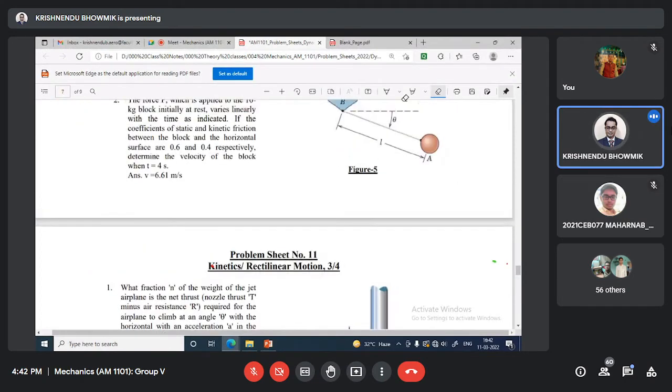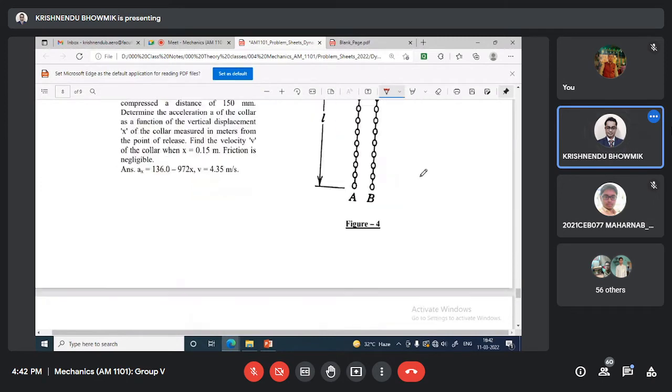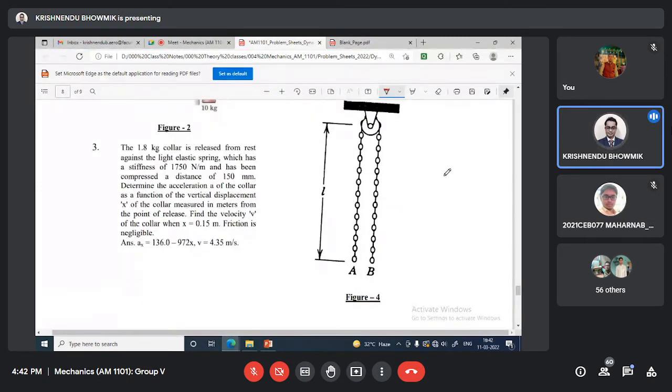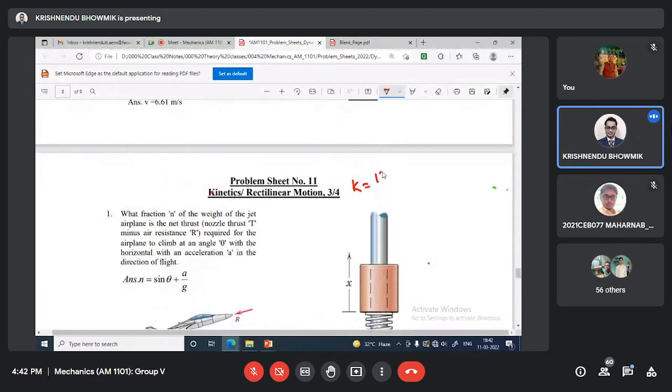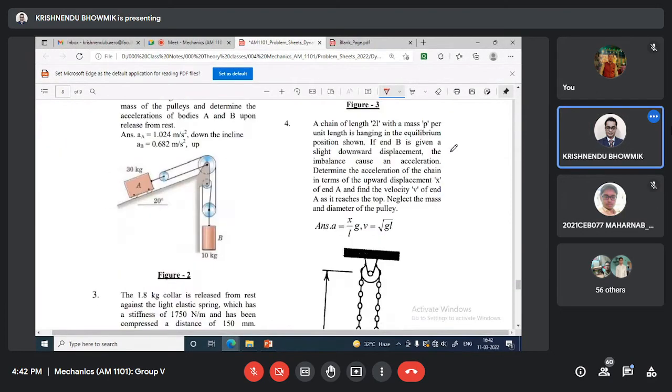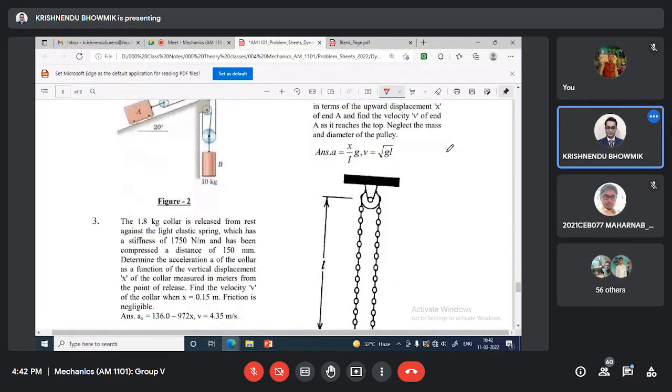So what it has been told for this problem, stiffness K is given as 1750 Newton per meter, and it has been compressed a distance of 150 mm.